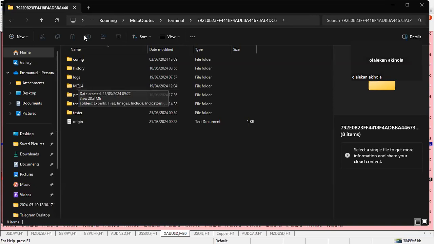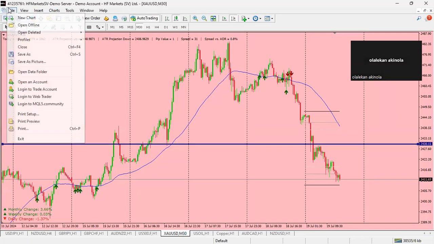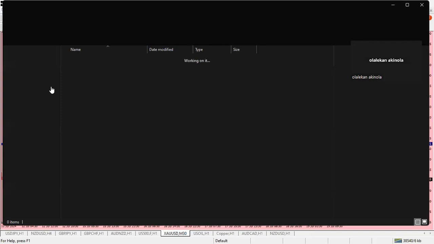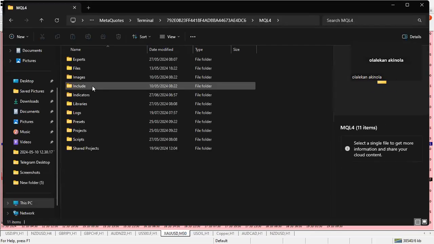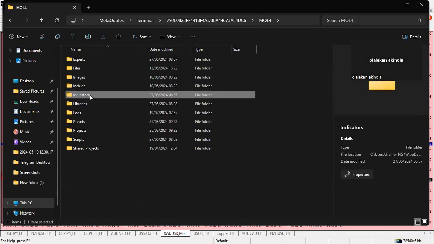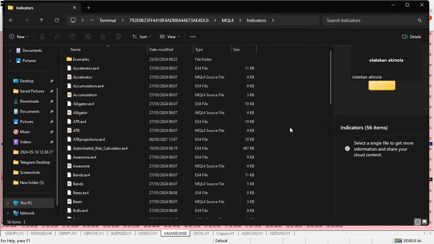So when you go to File, you go to Open Data Folder, you click on MQL4, and then you go to Indicators. All you need to do here is paste the flow system file sent to you that you've copied in the first place.